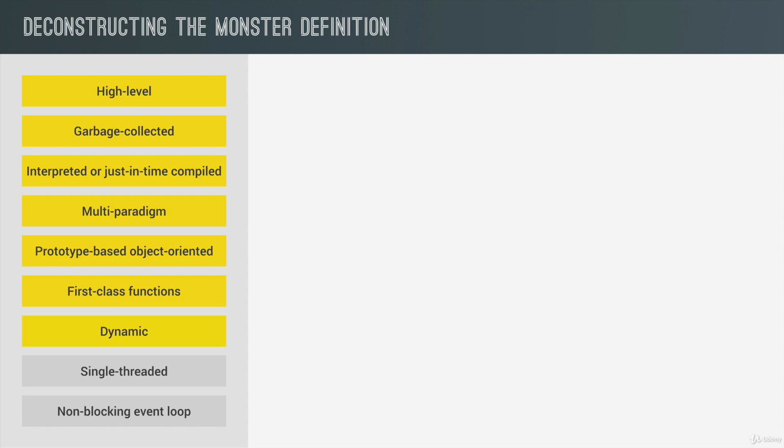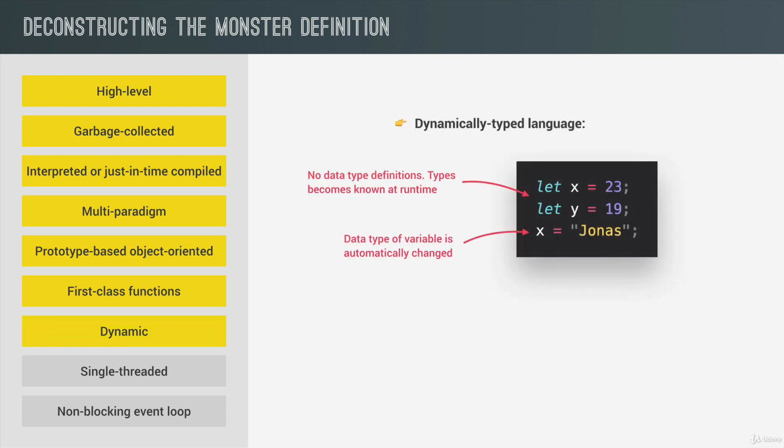Next, I said that JavaScript is a dynamic language, and dynamic actually means dynamically typed. So as we've already seen, in JavaScript, we don't assign data types to variables. Instead, they only become known when the JavaScript engine executes our code. Also, the type of variables can easily be changed as we reassign variables. And this is basically what dynamically typed means.